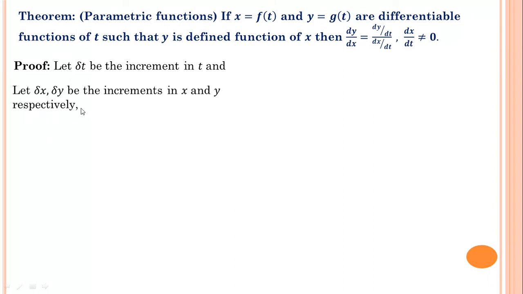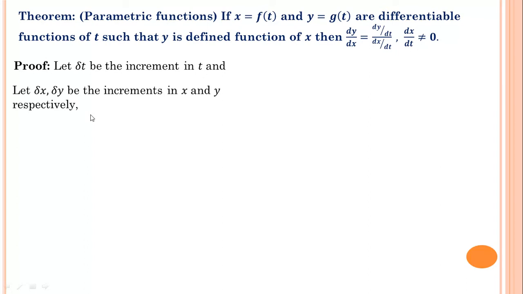Earlier in the last lecture, we have discussed Leibniz notations and first principle of derivative. So related to that, we consider delta t as the increment in t and delta x, delta y are the increments in x and y respectively.